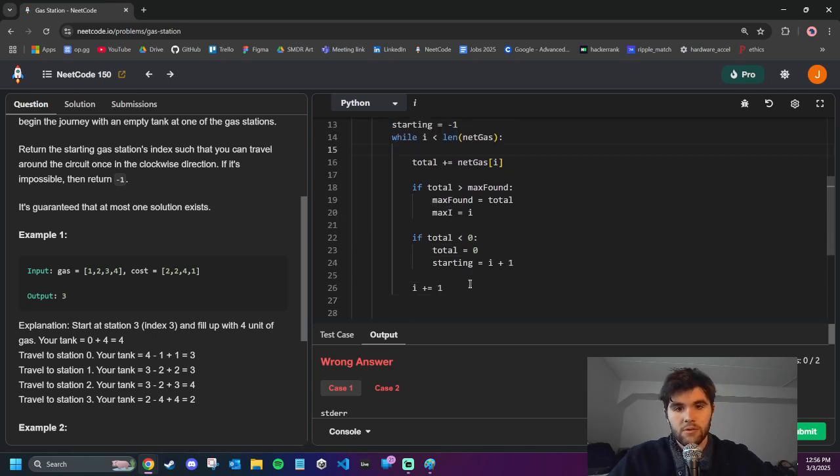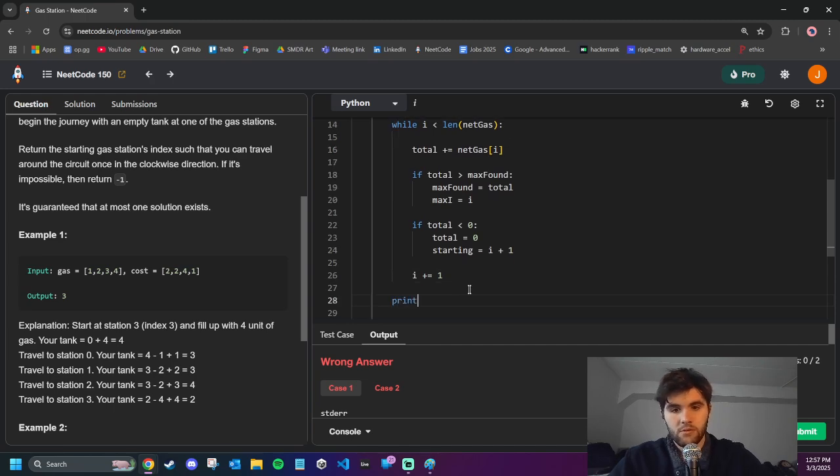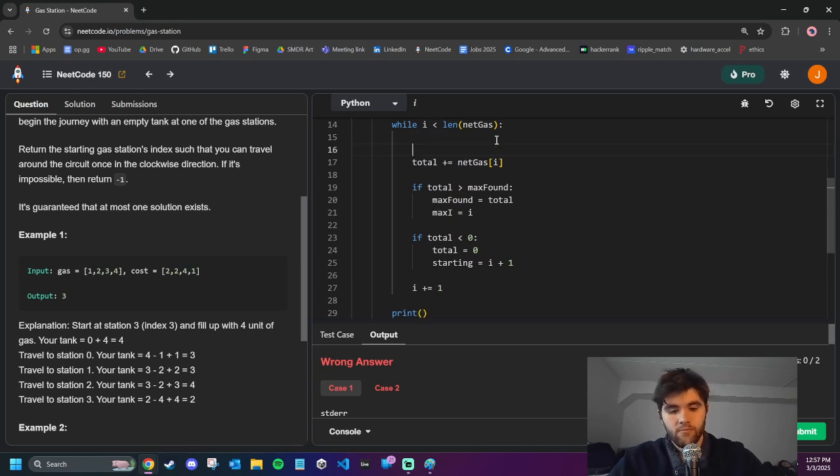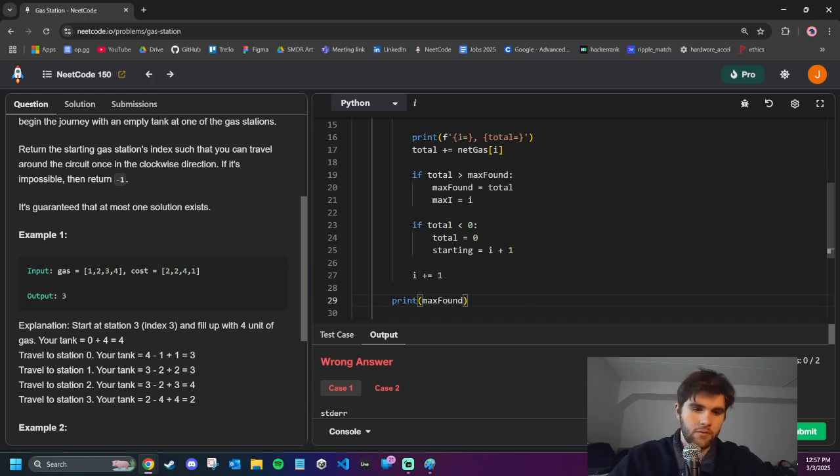Okay, let me just print some debugging stuff here. So we'll have I, and we'll have total. And then here I'll print at the end max found.